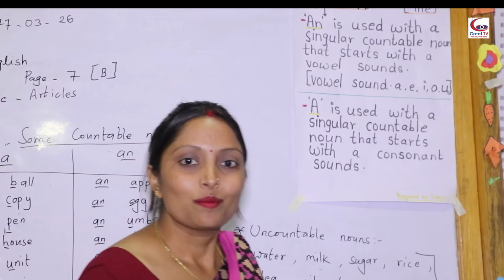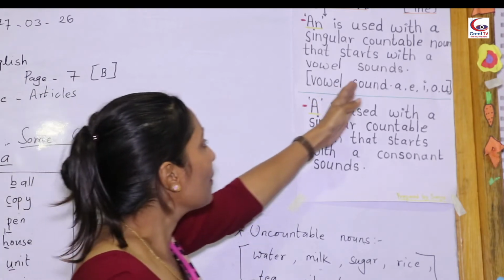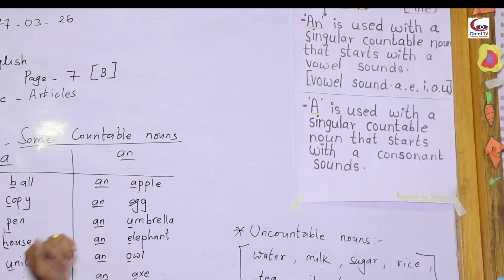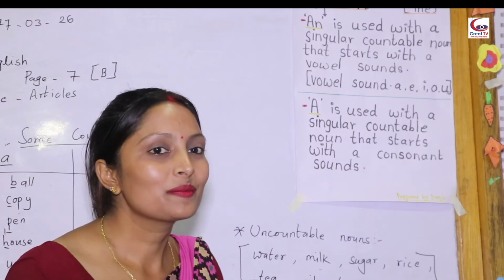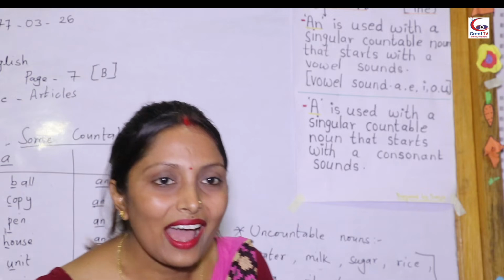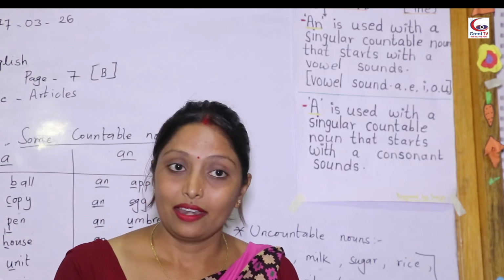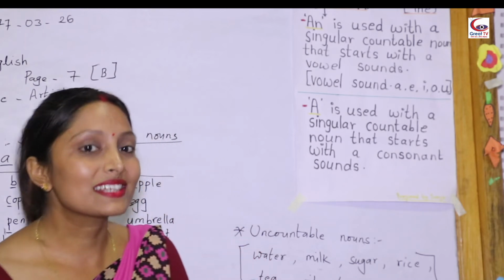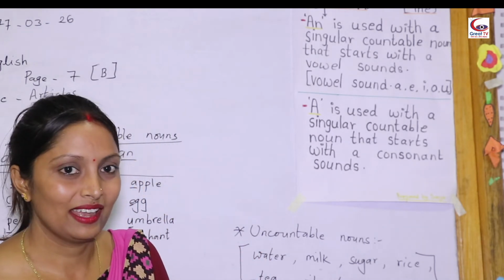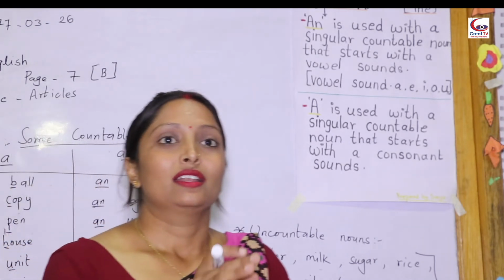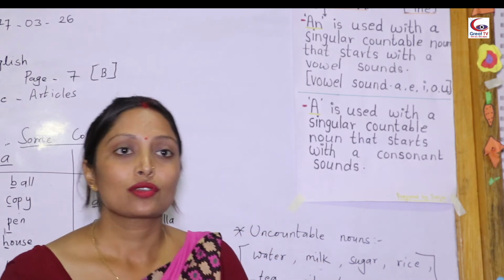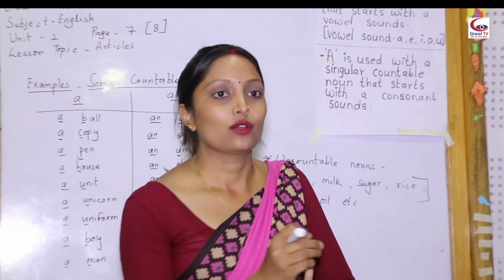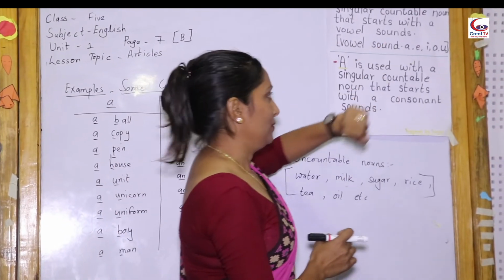The word must have a vowel sound at the initial phase. We already talked about this, like an apple, an umbrella, an honest boy, an ice cream, etc. In these examples, the word is pronounced with a vowel sound at the start.